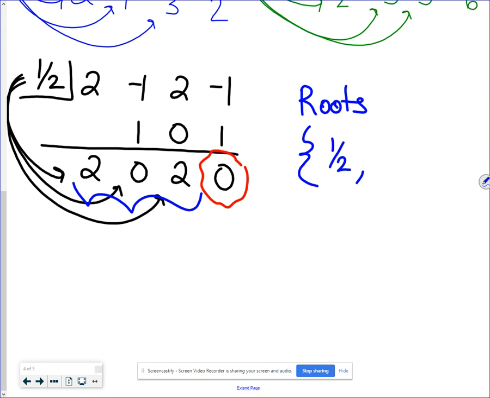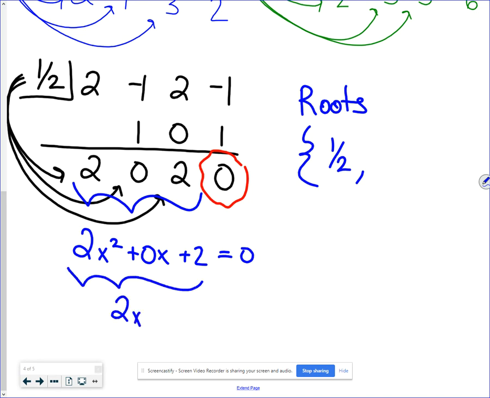We had degree 3, so this is going to be 2x squared plus 0x plus 2 is equal to 0. I'm going to solve this equation here. Well, what is 0x? That's just 0, right? So I can simplify this down further. So we got 2x squared plus 2 is equal to 0.